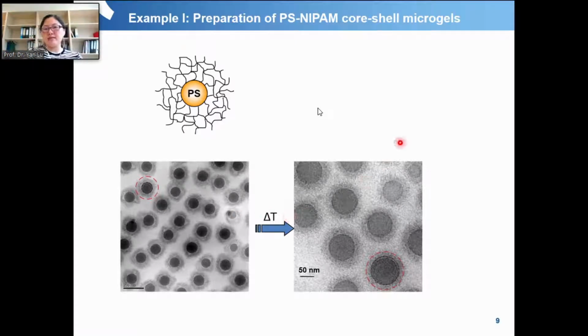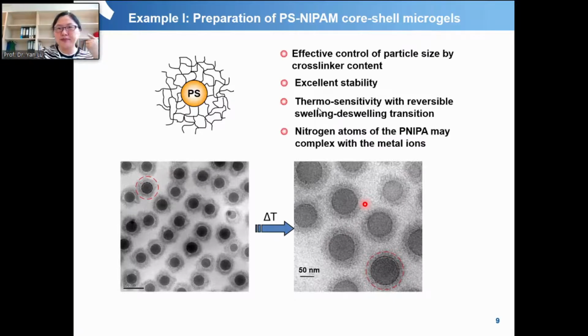If you prepare your sample at increased temperature, the PNIPAM network shrinks, and you see the decrease of the PNIPAM thickness. So this is also a very good demonstration of the temperature sensitivity by electron microscopy.